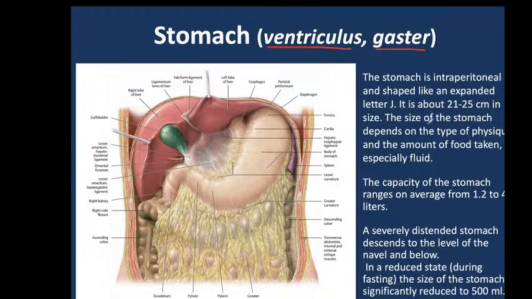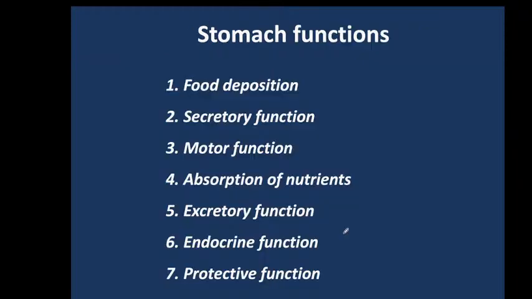The shape, sorry, the shape is like a letter G. You see, this is a letter G, a little bit expanded. This organ deposits food and is located in the upper level of the abdominal cavity.